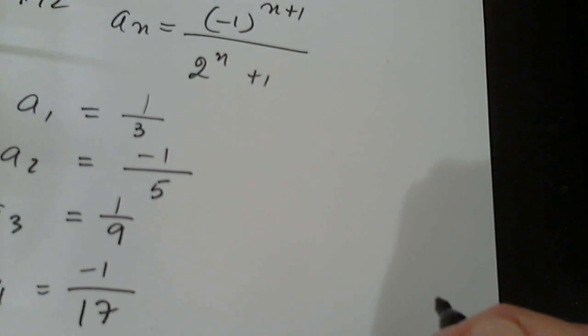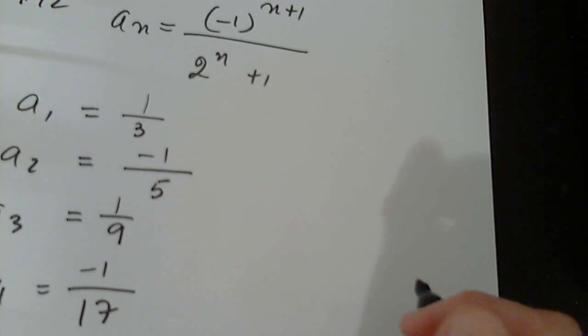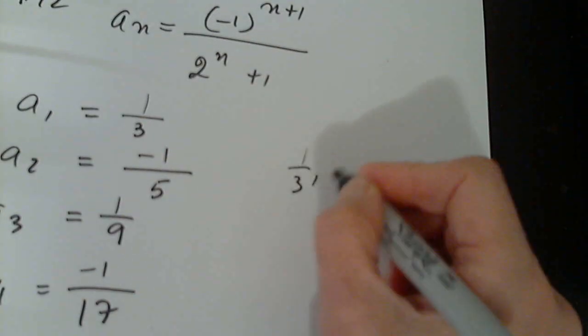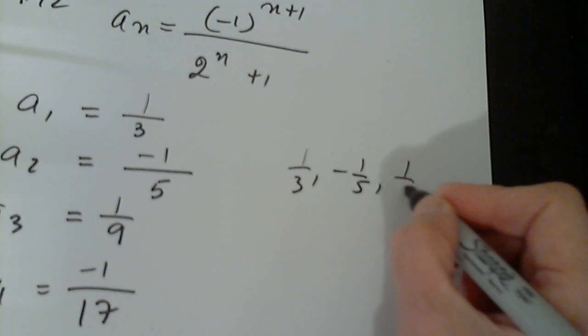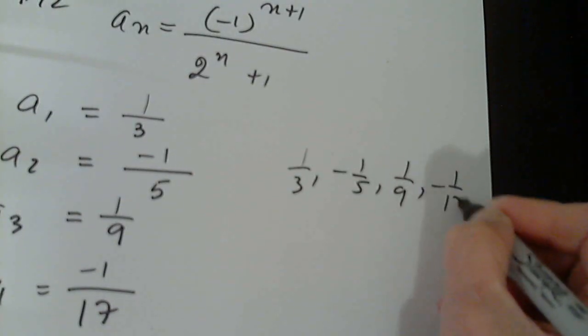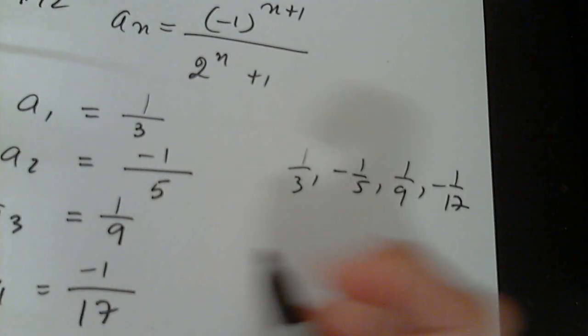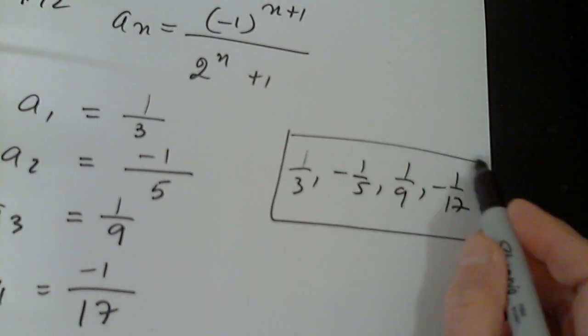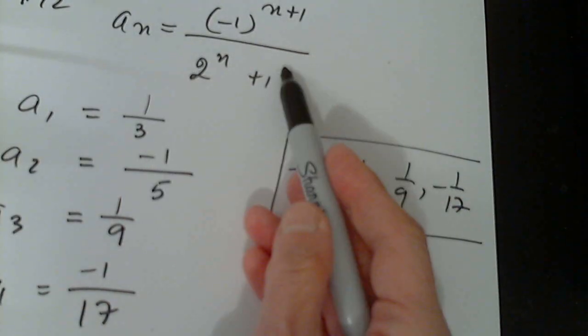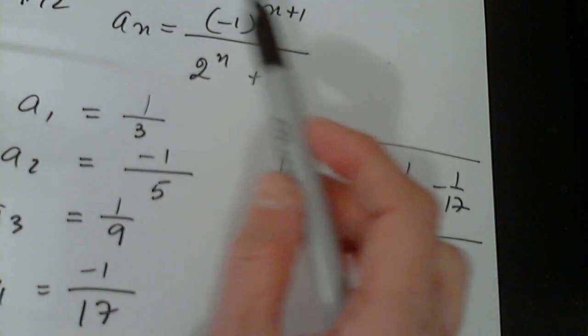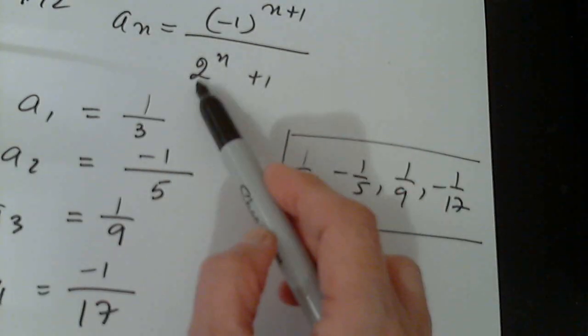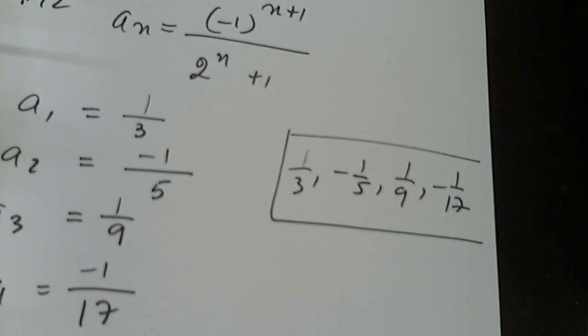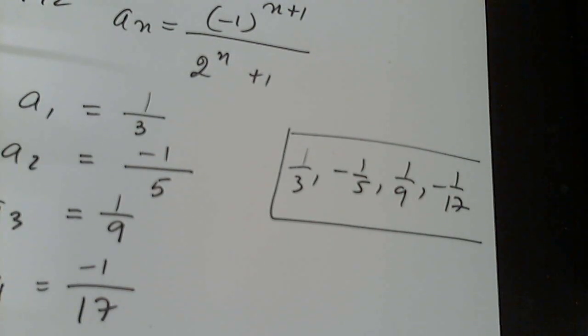So we determine the first 4 terms of this sequence. 1/3, negative 1/5, 1/9, and negative 1 over 17. These are the first 4 terms of the sequence with a general term, negative 1 to n plus 1 over 2 to the n plus 1. All we have to do is replace.